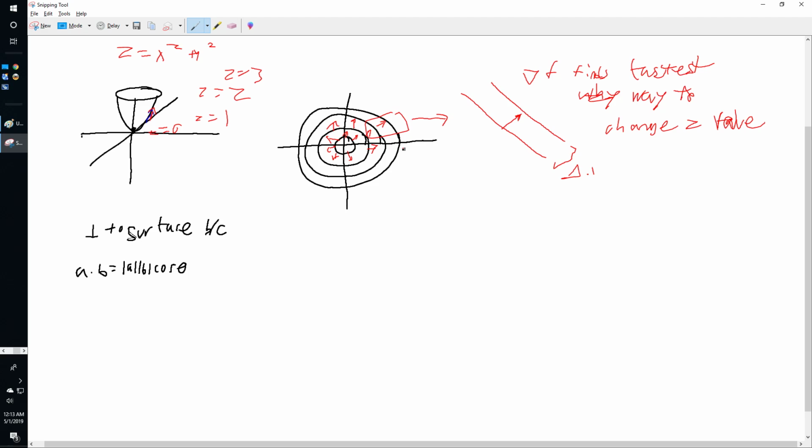So what does that mean on a surface? How do I draw the gradient vector? Here I just show the fastest path. Let's look at that. This is the function, so the contour is the function, and this is the vector.